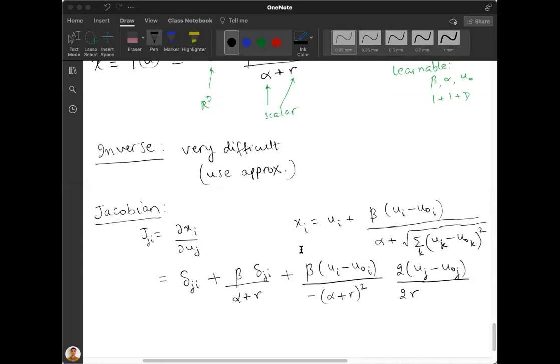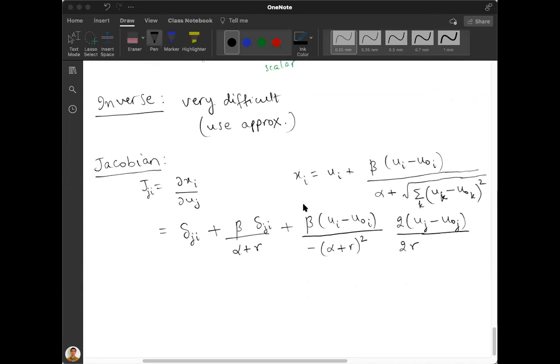Let's see if there's a negative sign. Yeah, there is a negative sign in the derivation as well. I am just checking in the paper. In the paper, they didn't give the derivation, they just gave the form. So yes, there is a negative sign here, so we are on the right path.